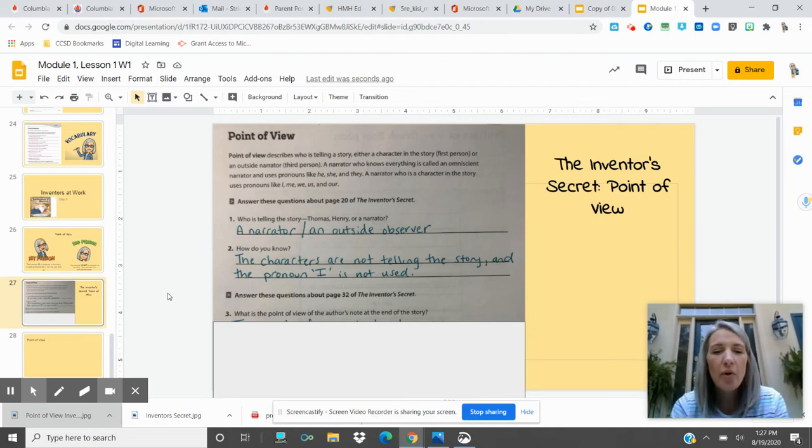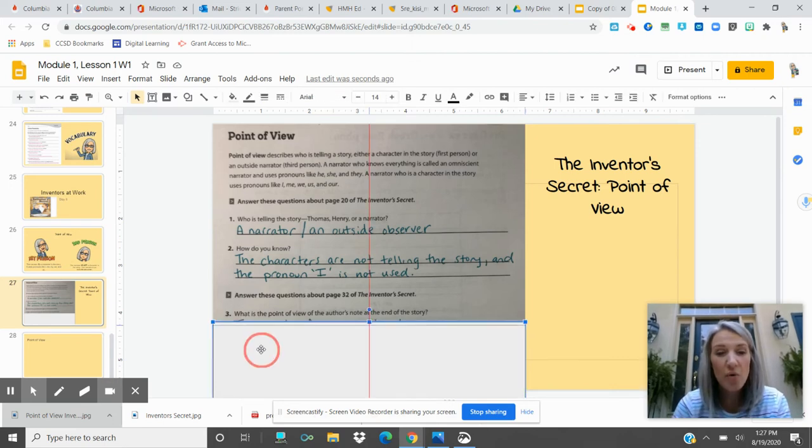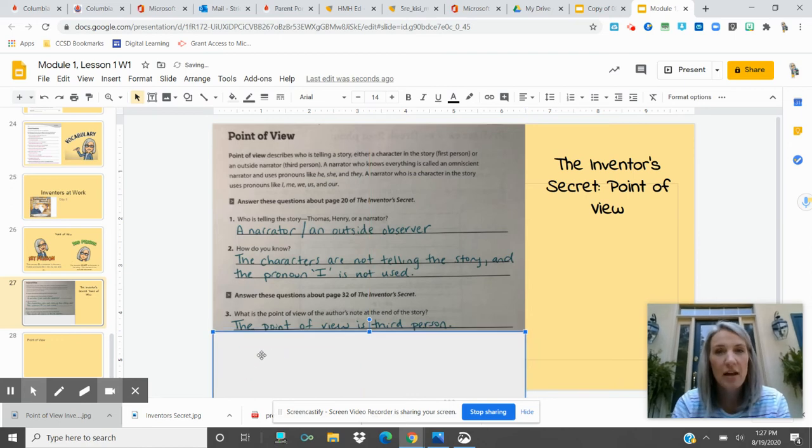Okay, and we know that when we look at this, the author is giving us factual information about Thomas and Henry. Now the author is not a character in the story, they're just giving us information. So the point of view is third person. Once again, we don't see I, me, my, we, or us in the narration. The author is just providing information about real people. So it is in third person. You can pause the video to copy this down.